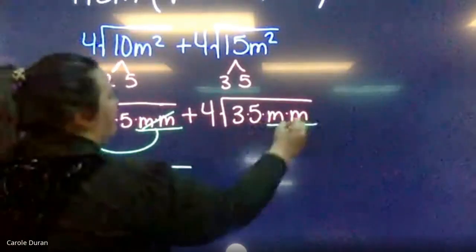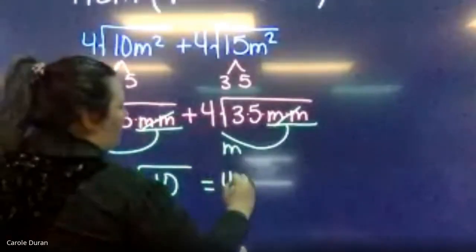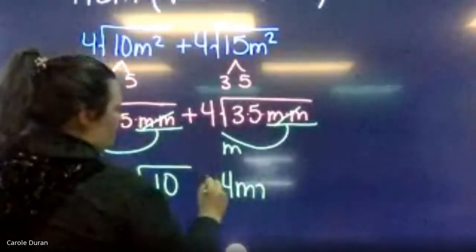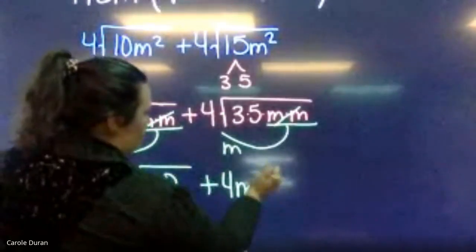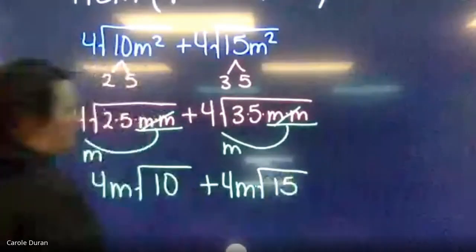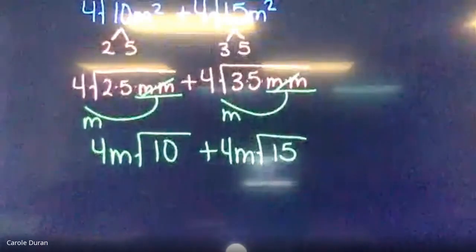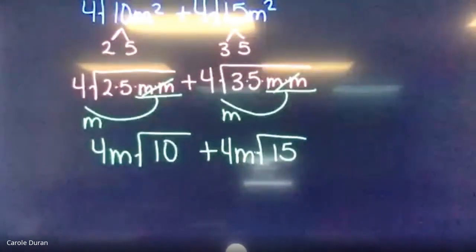I only have an identical m pair. So then I'm left with 4m times the square root of 3 times 5, which is 15. These are reduced and there are no identical radical values, so I am finished.